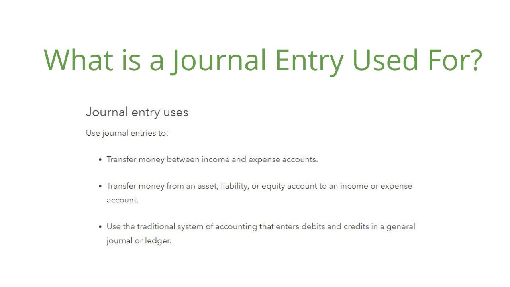The other is to transfer money from an asset, liability, or equity account into an income and expense. And you can also use journal entries as the traditional system of accounting where you use debits and credits. I will be showing you these three scenarios in QuickBooks Online and the QuickBooks Desktop.